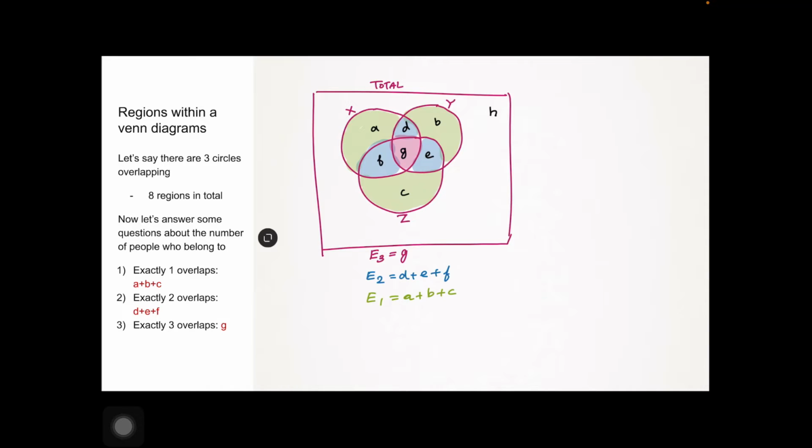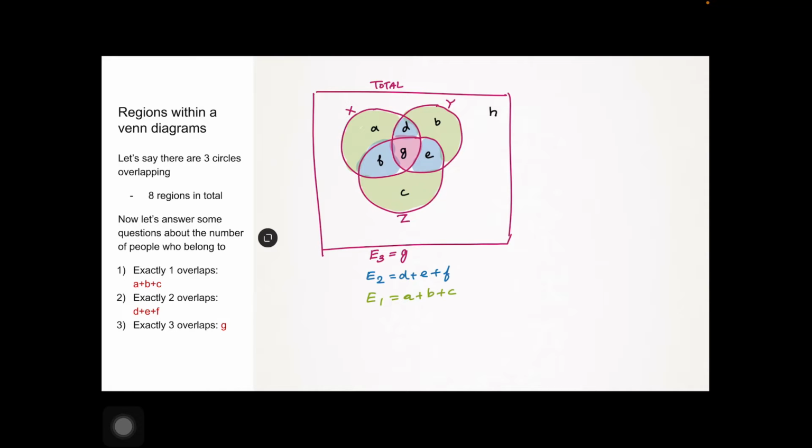For example, the A region, the X only region which has A number of people, belongs to only X circle. Similarly, there is a second region which belongs only to Y circle where there are B number of people. Similarly, there is a third region which belongs to only Z circle where there are C number of people.